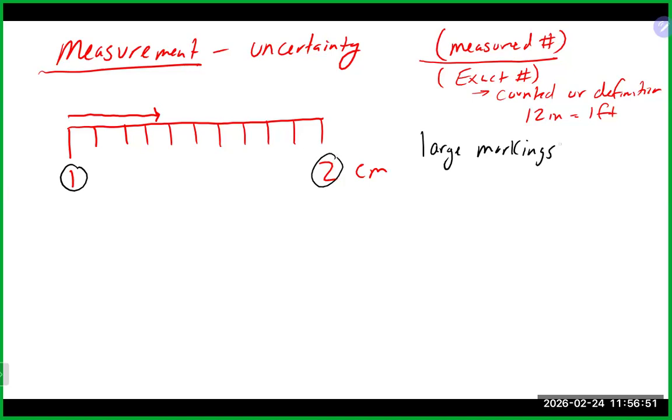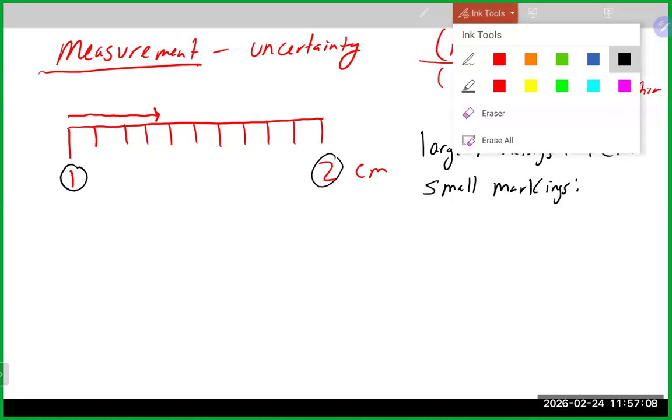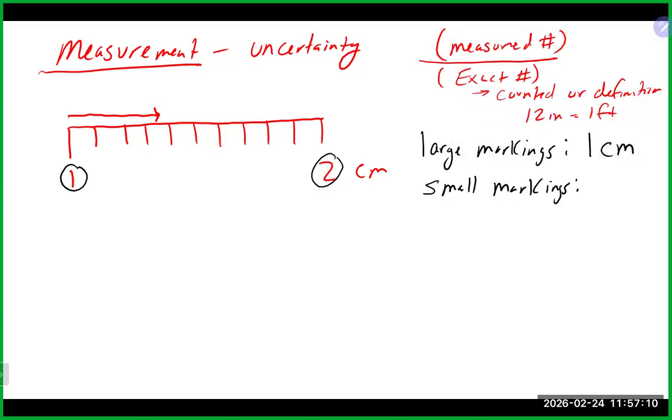The difference between that is 1 centimeter difference, right, between those two large markings. Now, typically, you also have small markings. And the small markings are the ones that come between the large markings, and they don't usually have any type of numbers associated with them.